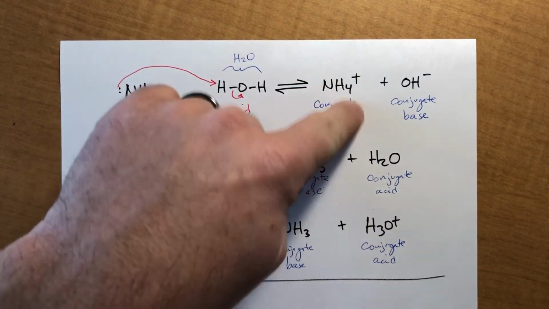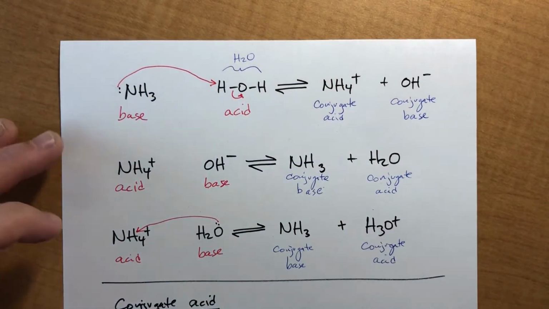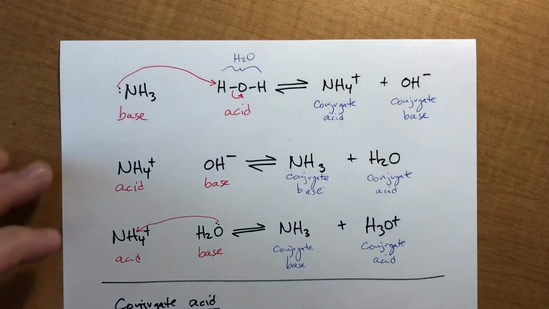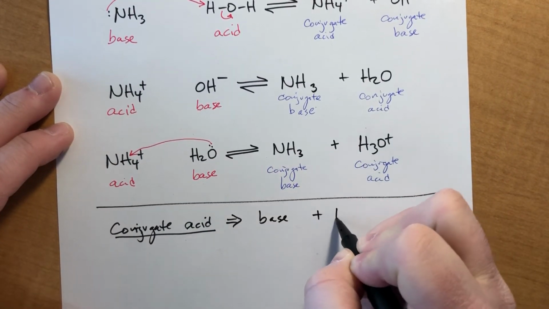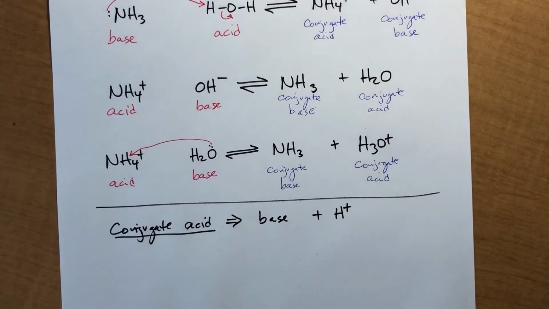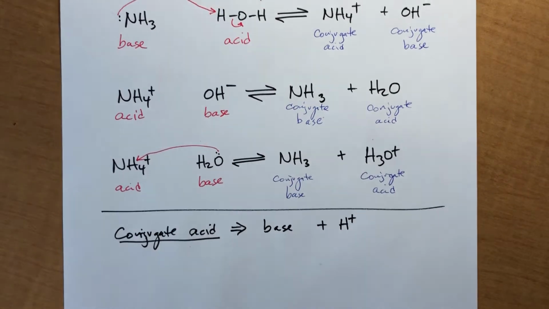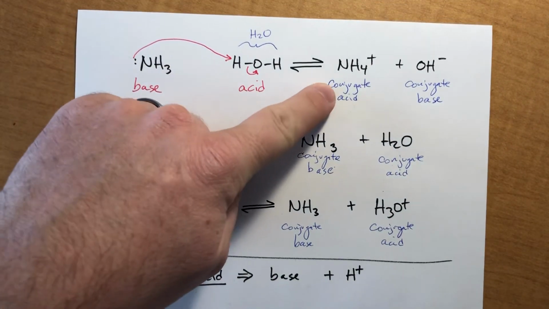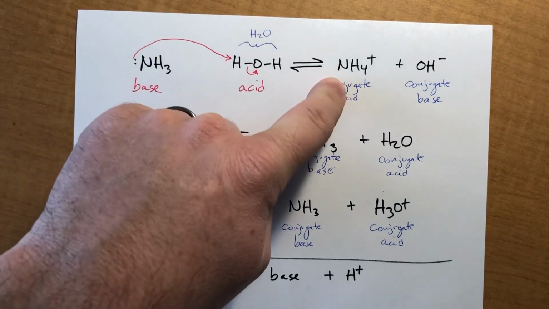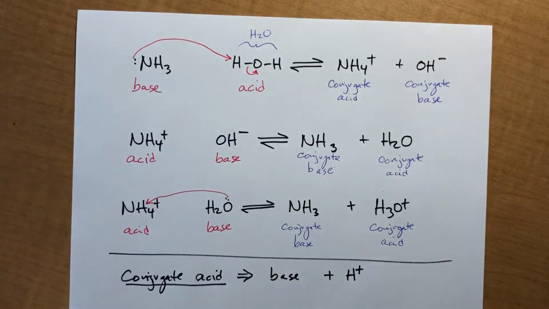It is now protonated. It has an extra H plus laying around that could be kicked off, so it can act as an acid. It's essentially your base after it steals an H plus. This is a protonated base. Like we saw here, this was your base. After it gets a proton added, the equivalent on the product side is your conjugate acid.